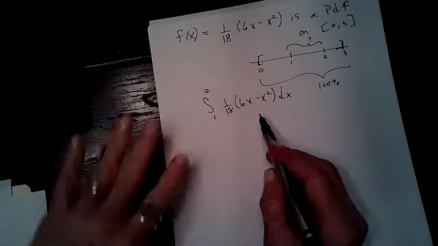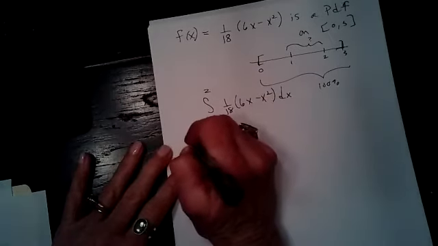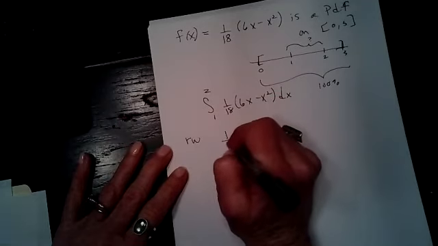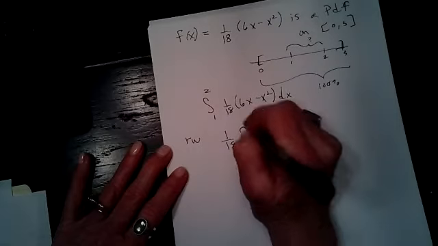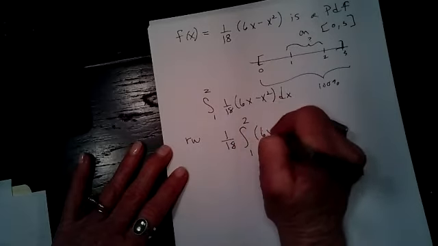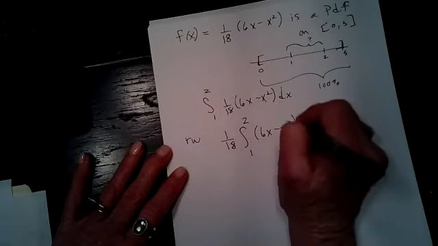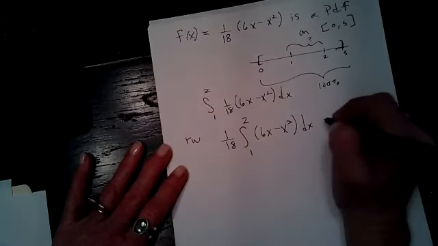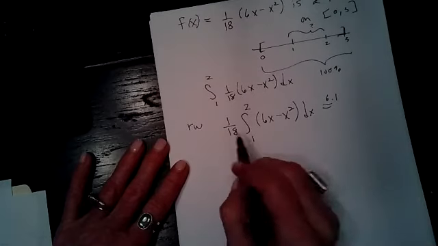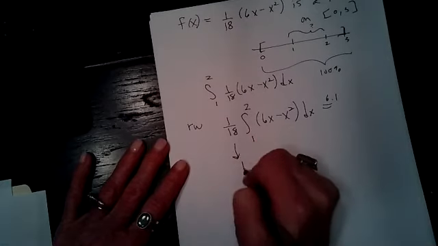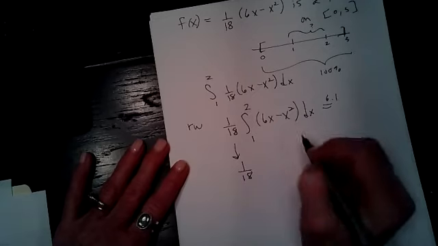So now I take the 1 over 18 out, but don't forget about it. I'm going to integrate from 1 to 2, 6x minus x squared dx. I think it keeps us from dealing with fractions so much, but just don't forget to bring it along, because sometimes if I bring things out, I forget about them.